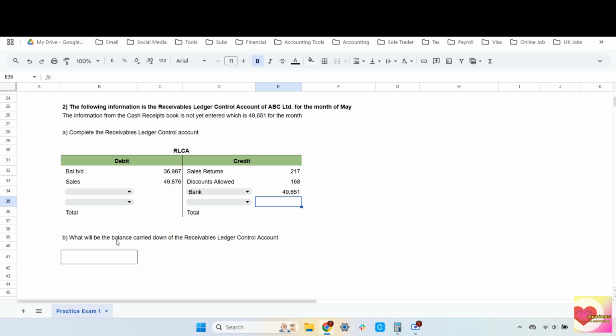Letter B, what will be the balance carried down of the receivables ledger control account? So let's balance the account to get the balance carried down.